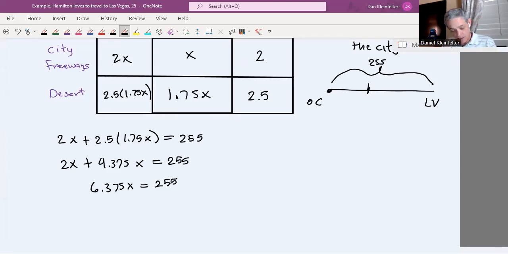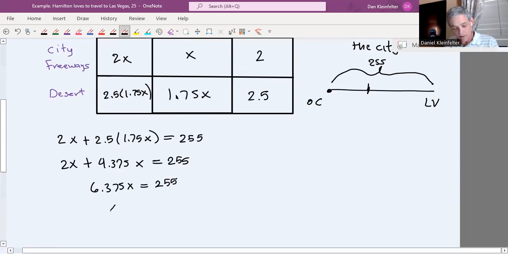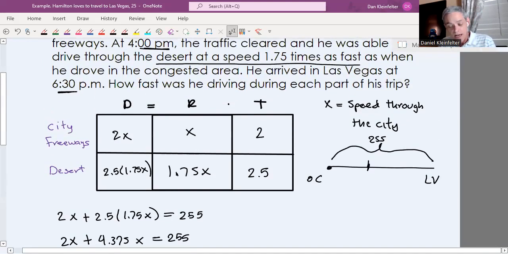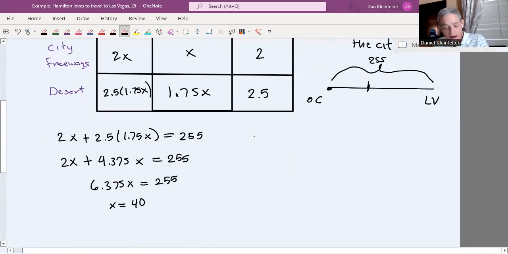The rest of it is pretty straightforward. Okay, so that works out to be 40. Okay, I have to go back and remember what the X is. Good thing I wrote it down. X was the speed through the city. So he averaged 40 miles per hour through the city. And then 1.75 times that, which is going to be 70 in the desert.